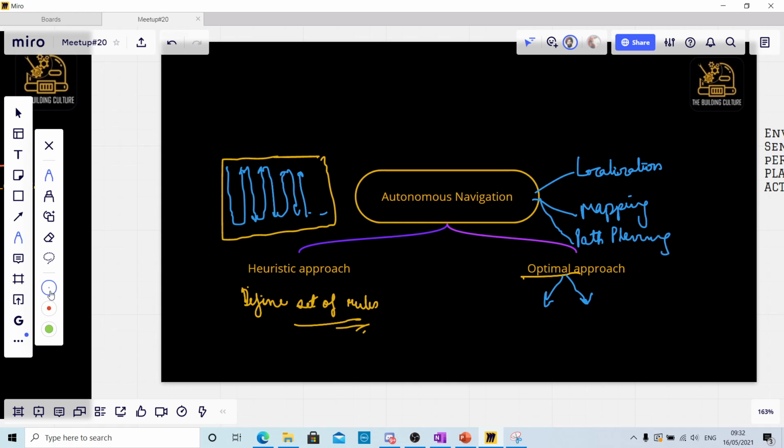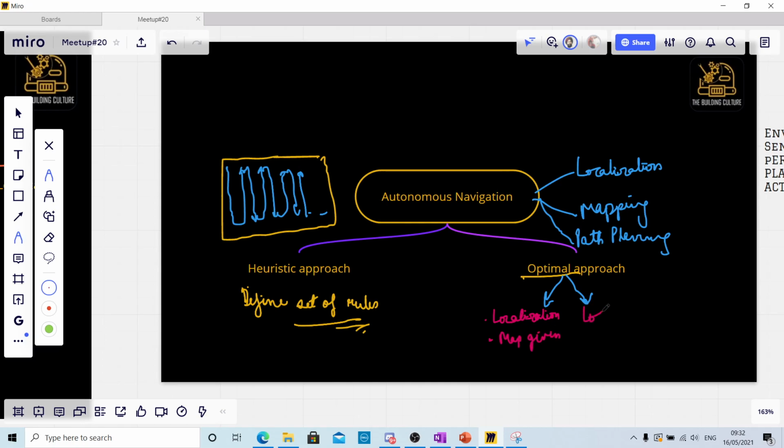The categories for the optimal approach would be: if we care only about localization and the map is given, this is one type of approach.